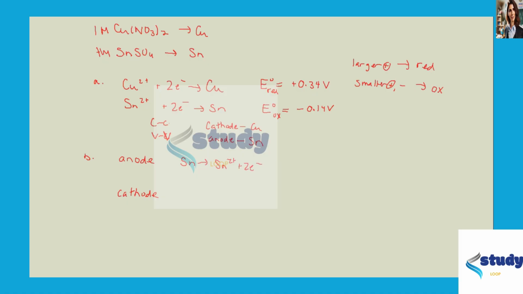The anode itself is changing from tin metal to ions floating around in the solution, so the tin anode is losing mass. Whereas at the cathode, we have copper ions going to copper metal, so they are plating onto the cathode. You're getting extra copper mass on there, so the cathode is gaining mass.